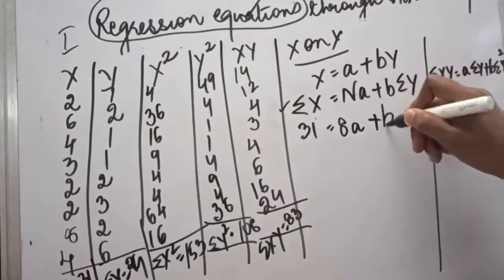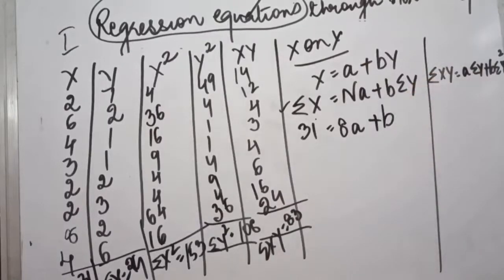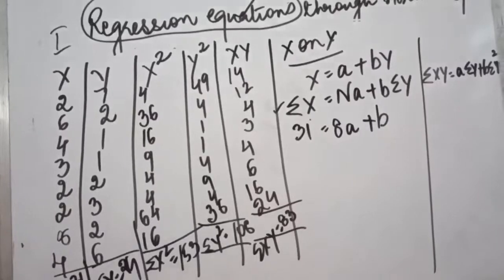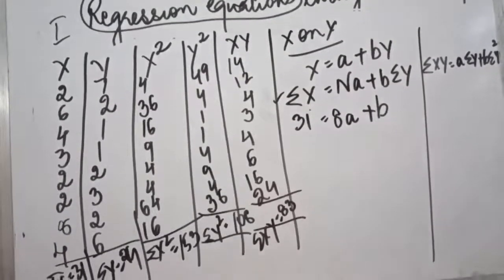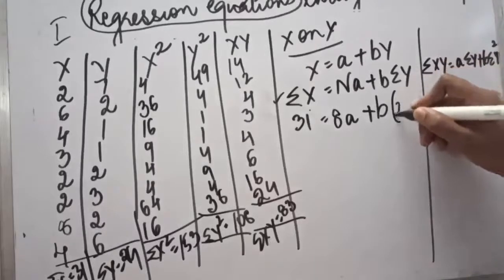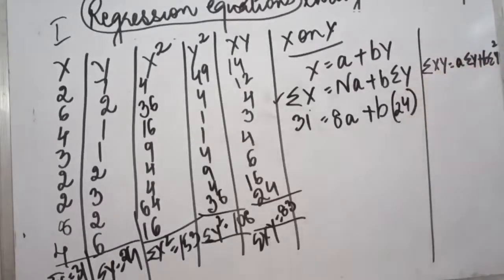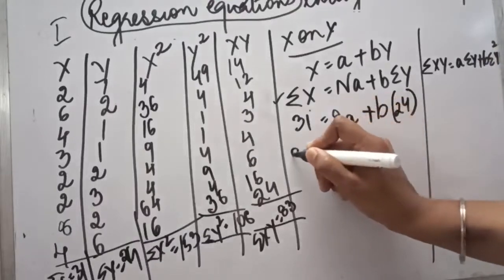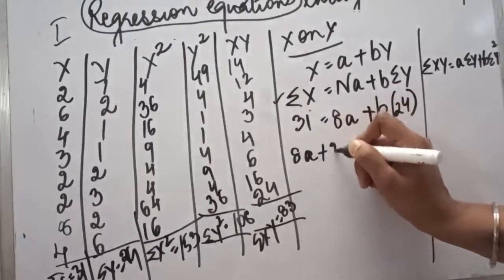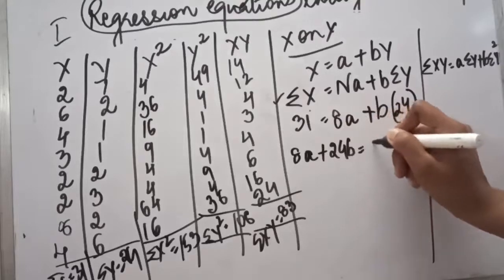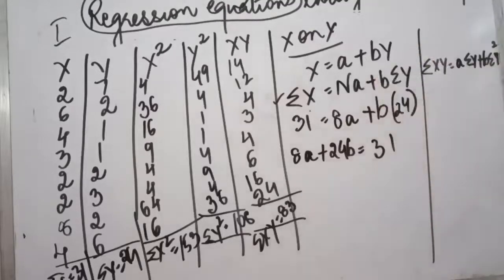B will be B only, we will not change. Sigma y, you can see from the table, the value of sigma y came out to be 24. So I am putting here 24. So from here we will get one equation. What equation? It will be 8a plus 24b is equals to 31.